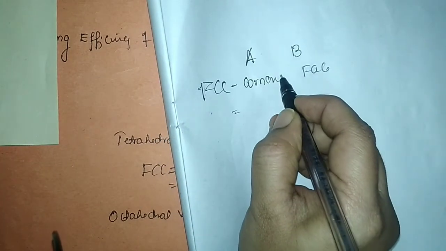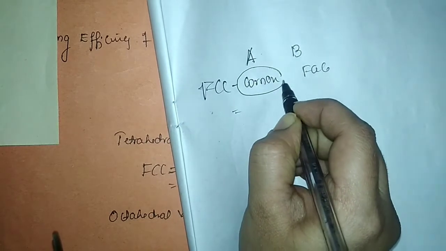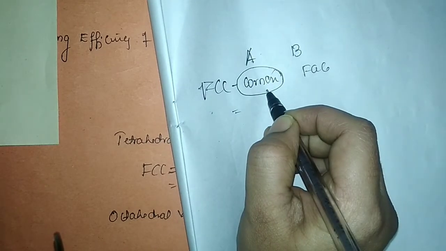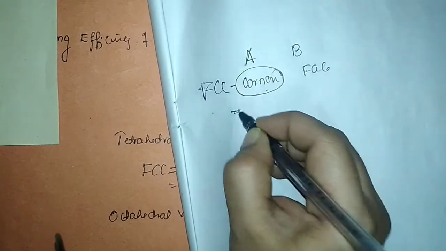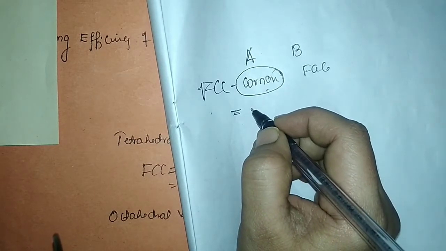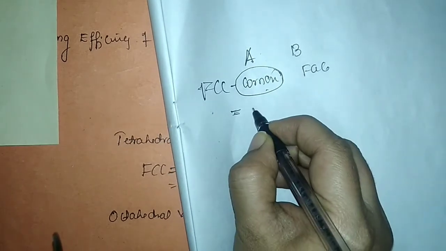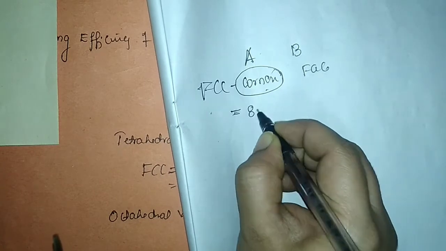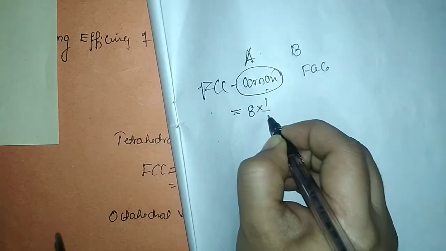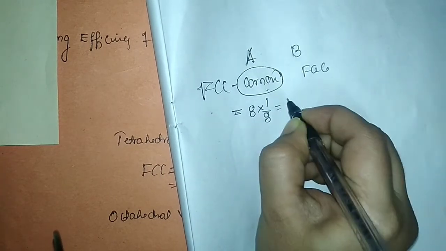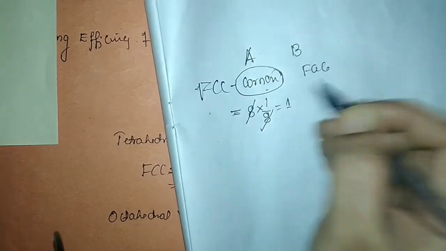We know the contribution of atoms at the corners, which I have discussed in one of the videos, you can check it out. The contribution is 8 atoms into 1 by 8. So it is 1.